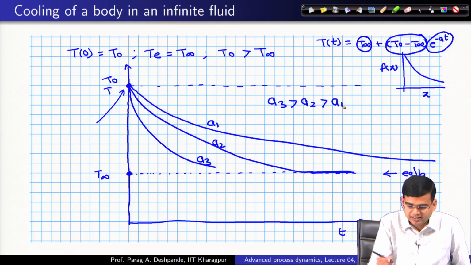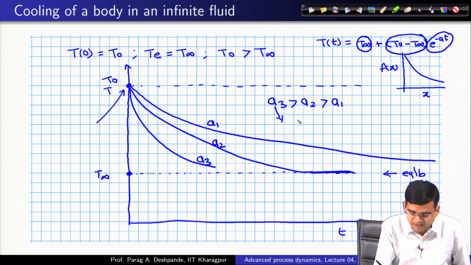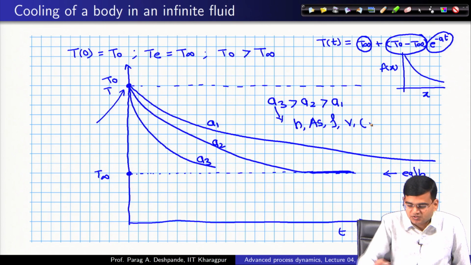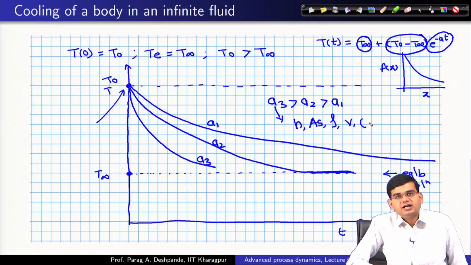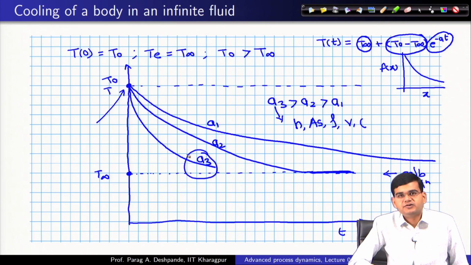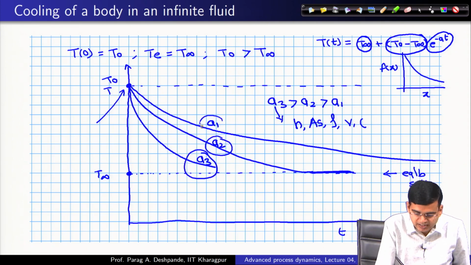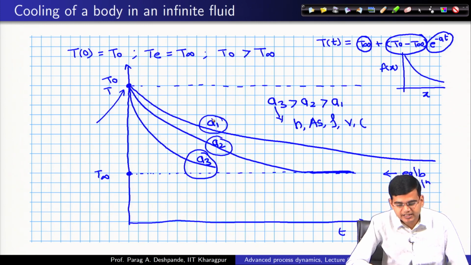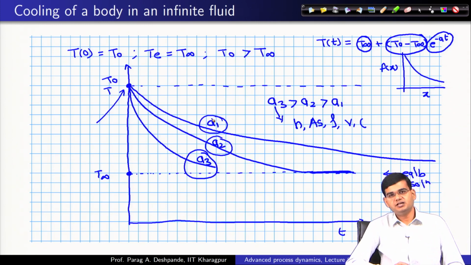And all of these A's are functions of heat transfer coefficient, surface area, rho, V, C and so on. So, now you can adjust the values of A, A S, H, rho, C V and so on to get different values of A 1, A 2, A 3 and so on, and then you can determine how quickly or slowly will your system reach the equilibrium state, or it would go to T infinity.